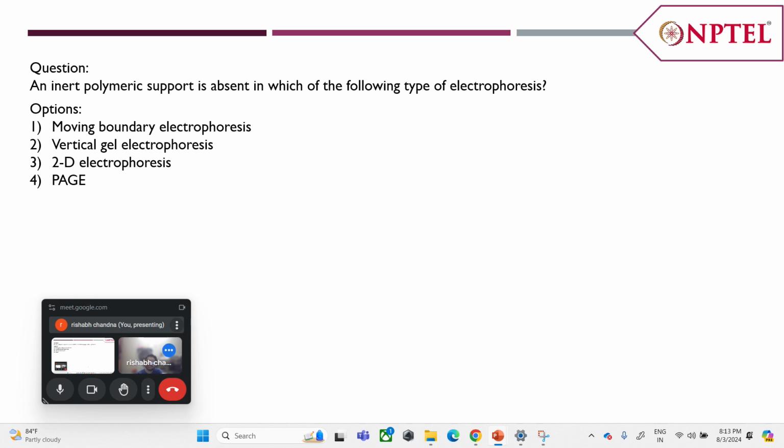So in this case, what happens? The correct answer is the first, that is moving boundary electrophoresis.